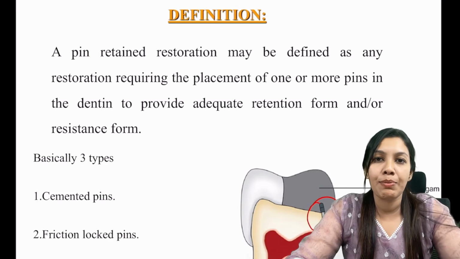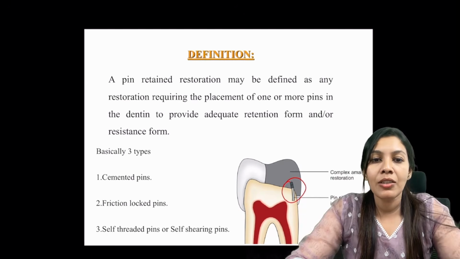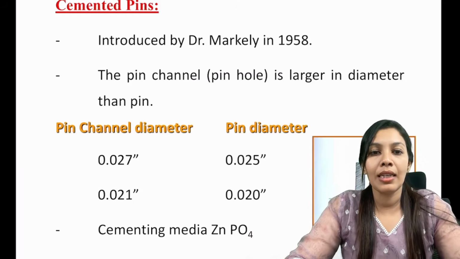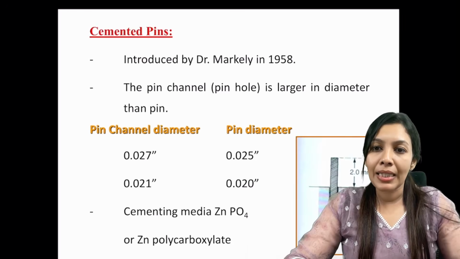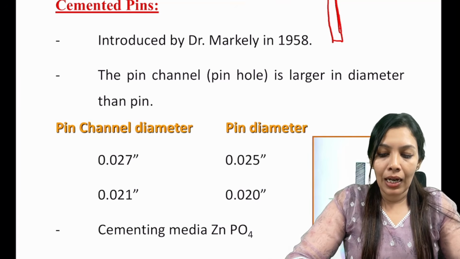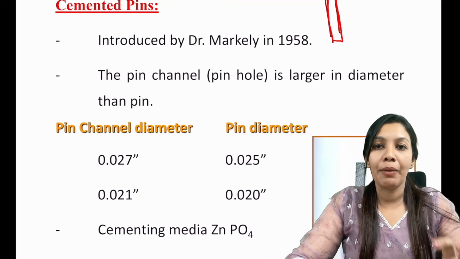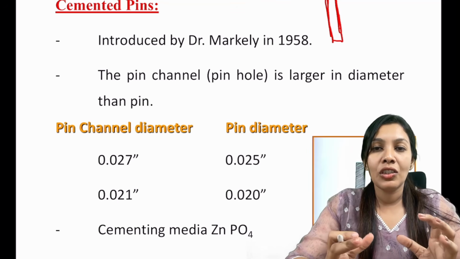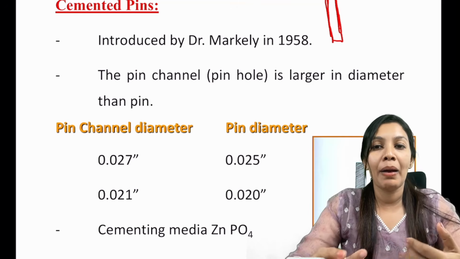Mainly there are three types of pin: the cemented pin, friction lock pin and self threaded pin. So what is a cemented pin? As the name suggests, we create a space or a pin channel that is larger than the pin which we place, and the pin and the channel are attached by a cement.